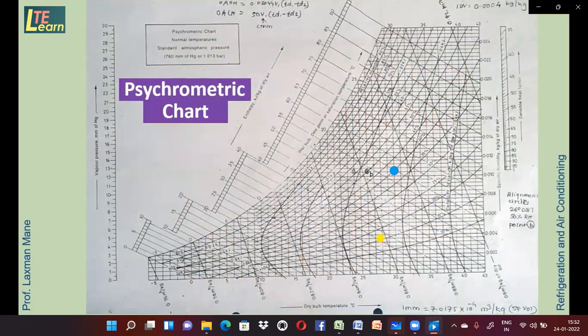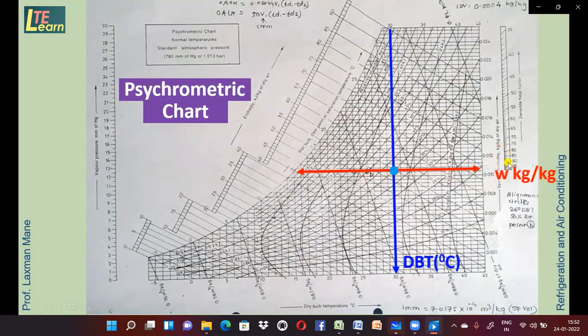We will take sample lines passing through this point, which will represent the properties of moist air. So this is a vertical line passing through this point, which represents dry bulb temperature. So dry bulb temperature values are mentioned at the bottom here on the x-axis. Line passing through this point, horizontal.